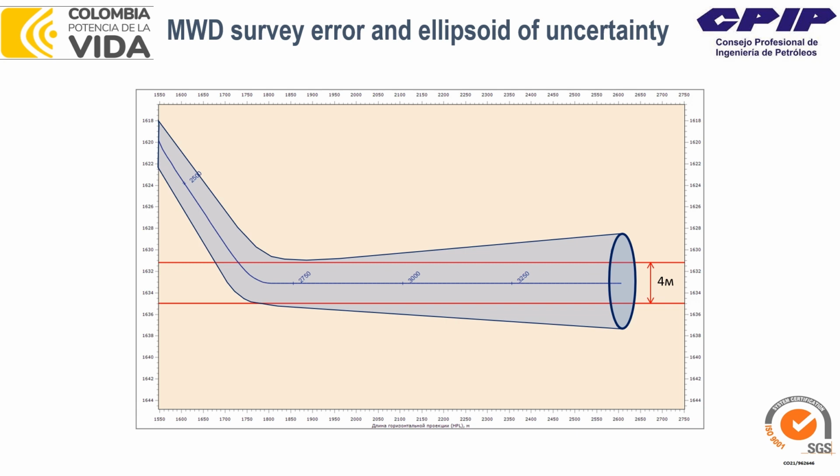Which means, with different probabilities, the well can be anywhere inside this cone of uncertainty. So if we let the well be drilled geometrically, statistically it can end up in any part of this cone. It can be inside the pay zone or outside the pay zone, right? So that's why this error has a significant impact on the accuracy of the horizontal well.